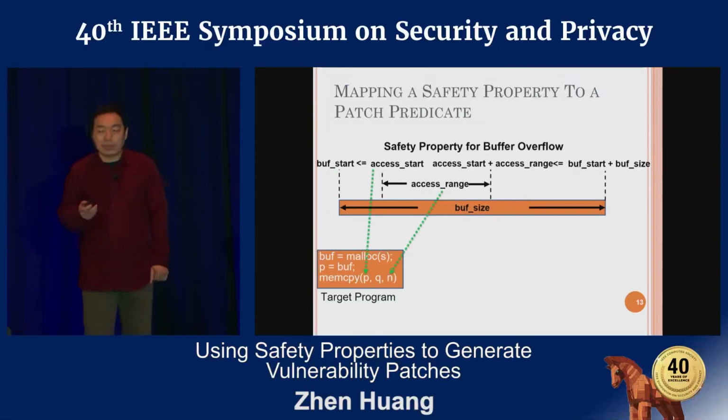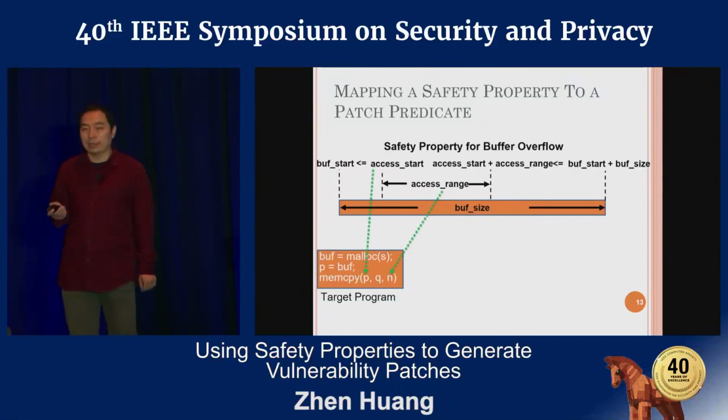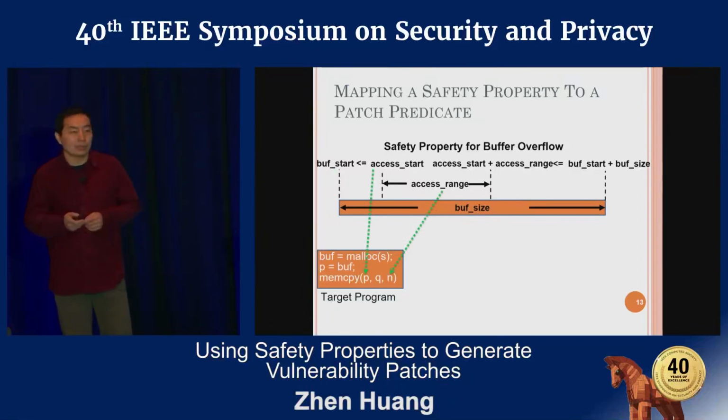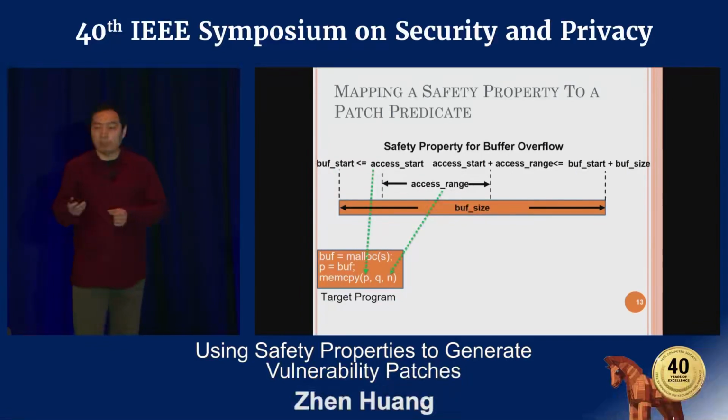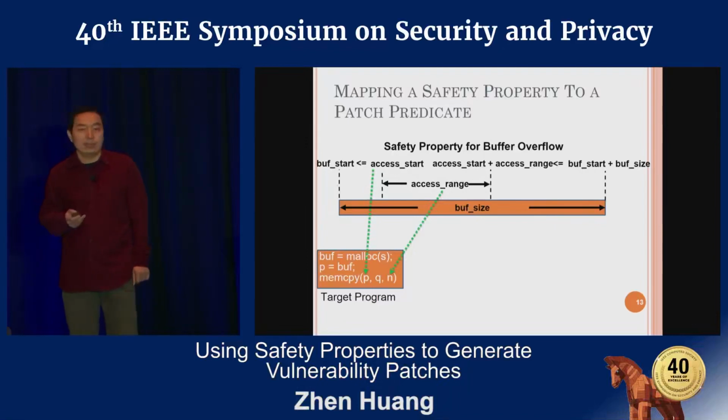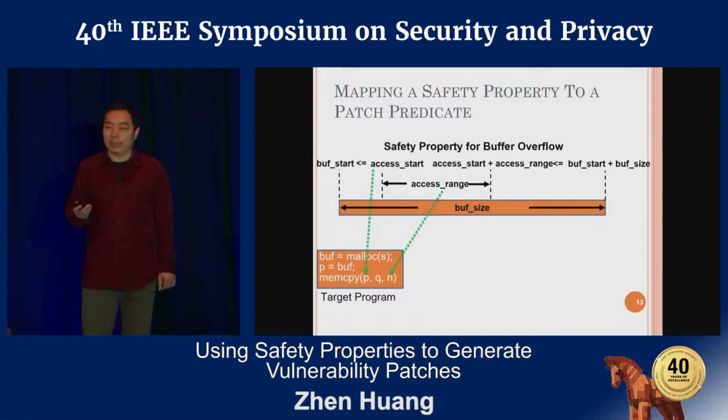Similarly, SYNCs will map access range and access start to L and P respectively, because the target program accessed the buffer via a call to memcpy, with the starting address specified by pointer P and the length specified by L.